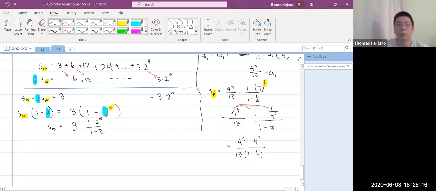Let me multiply by 4 again. Then I will get 4 to the 5th minus 4 cubed over 13 times 4 minus 1. Then from here you use your calculator. I can factor 4 cubed, 4 squared minus 1 over 3 times 13.